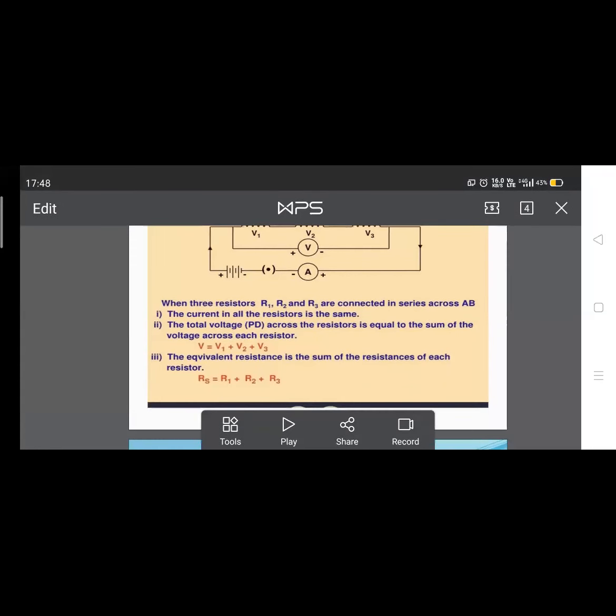As I told you, I equal to I1 plus I2 plus I3. Clear? So the total resistance in parallel combination is less than the least resistance used in the circuit.